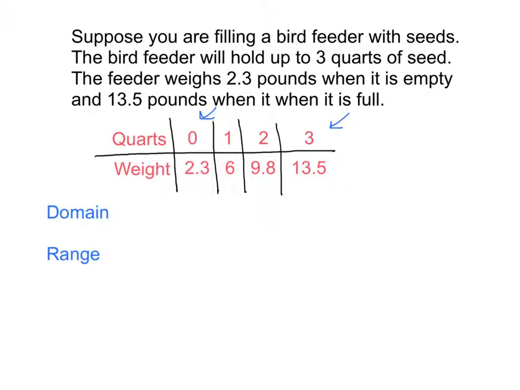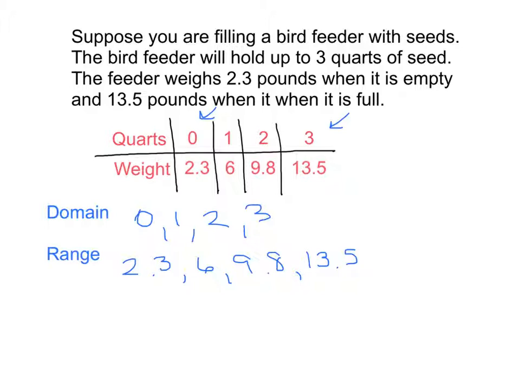So now we need to identify the domain. The domain here would be our x values of 0, 1, 2, and 3. And the range would be the y values, the 2.3, the 6, the 9.8, and the 13.5.